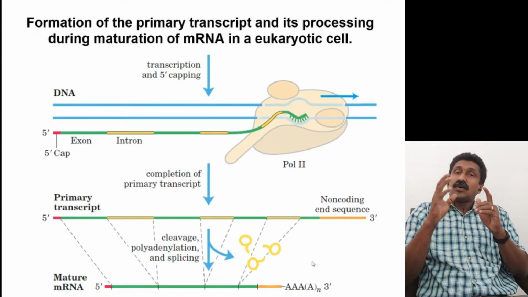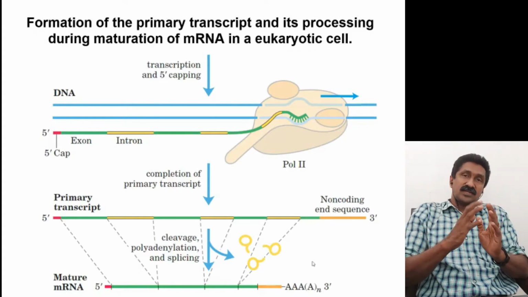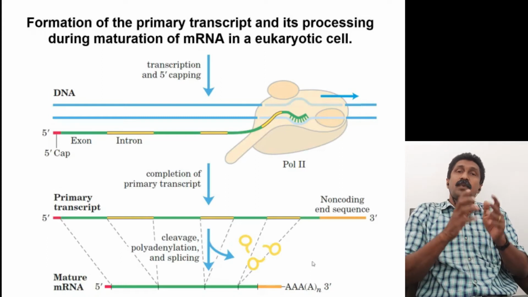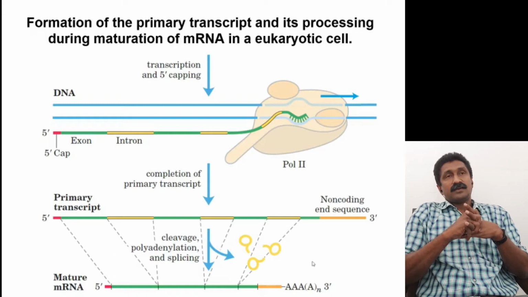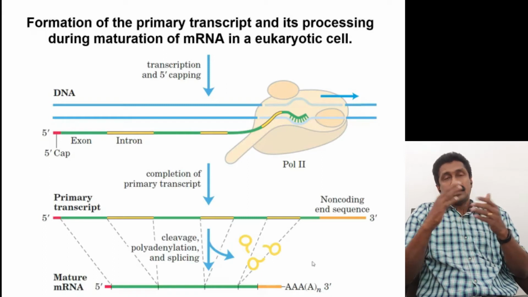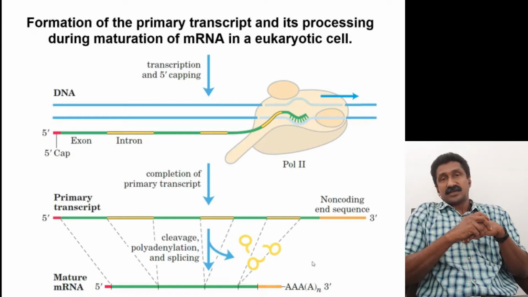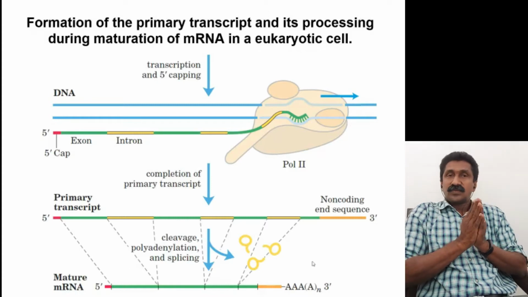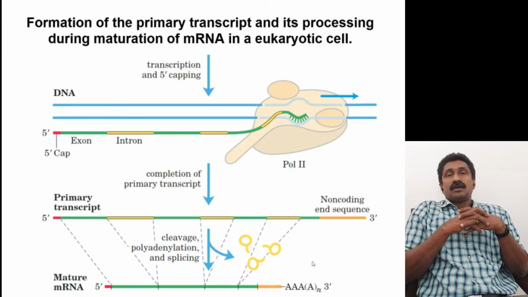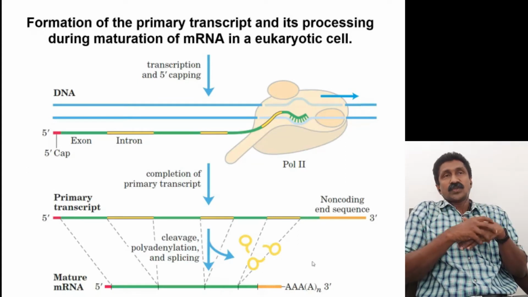Then finally, the non-coding sequences at the 3' end are removed and a poly A tail is attached at the 3' end of the primary transcript, so that the final mature mRNA is produced. This is the overall process of processing of these eukaryotic mRNA.